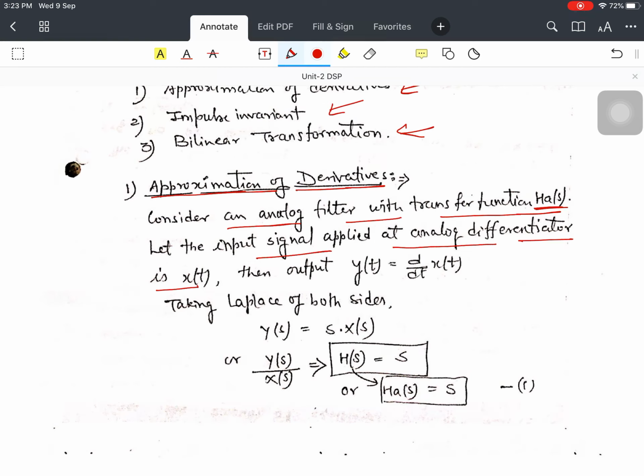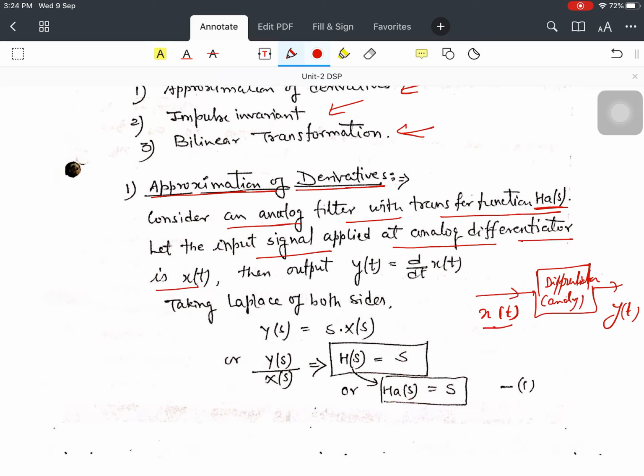As a block diagram, you are giving x(t) here and getting y(t), and this is your analog differentiator.